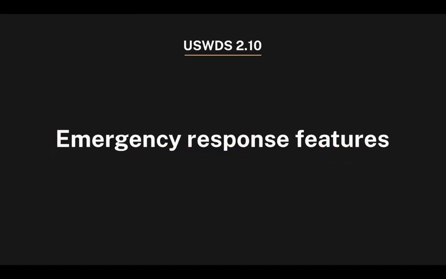So, more to the main event. Last month we talked about some of the research we did around emergency response and the components we'd identified as a starting point for the design system to address emergency response needs. This month we have released USWDS 2.10 with the following, and it's literally true, new and improved components.